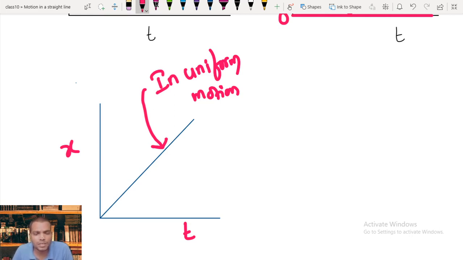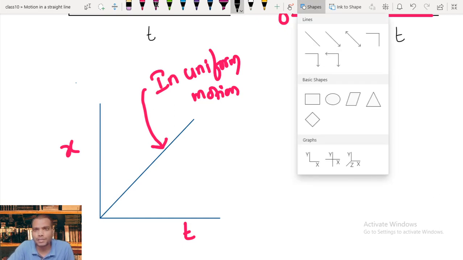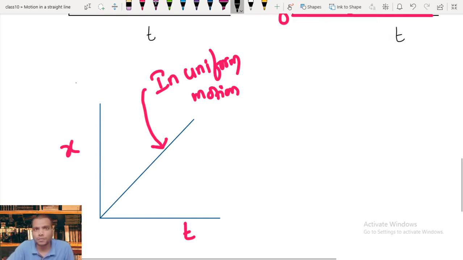So if this is the position versus time graph, how shall I draw the velocity versus time graph? I would like to draw for this same setup velocity versus time.